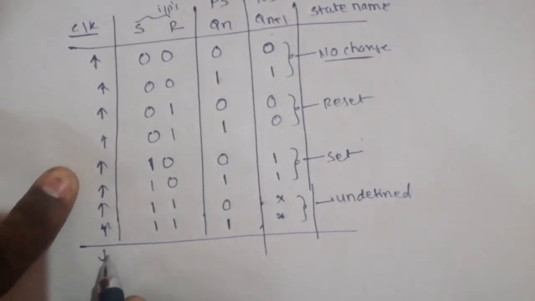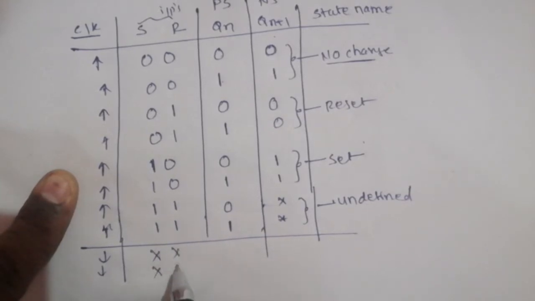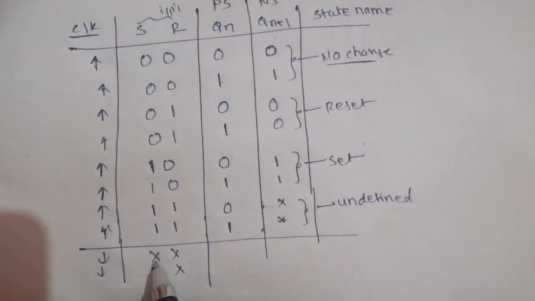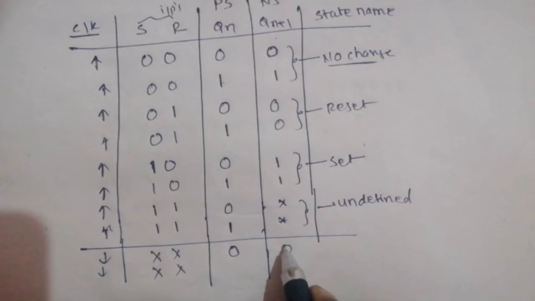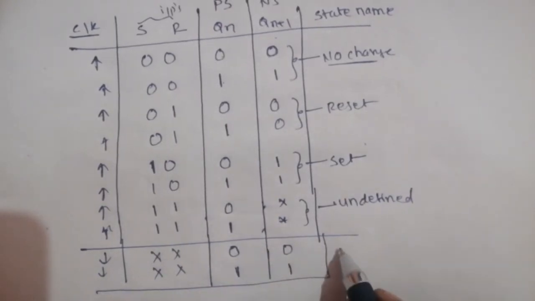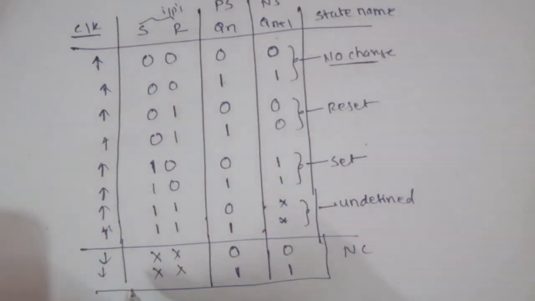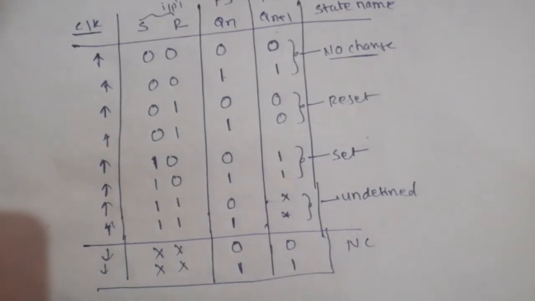If we give a negative edge trigger, whatever the inputs are is represented with don't care. Whether the present state is 0 or 1, the next state is the same, which is called the no change condition. This is the functional table for the SR flip flop.